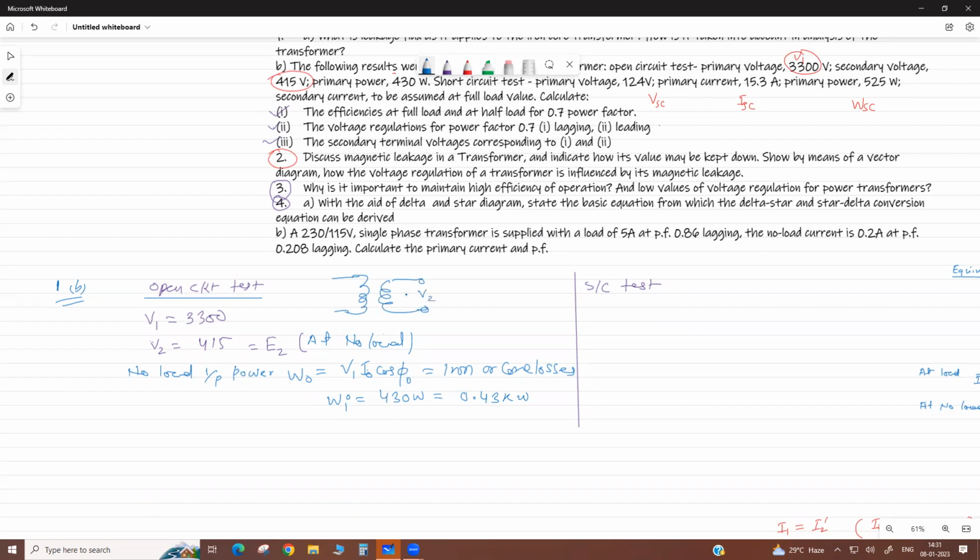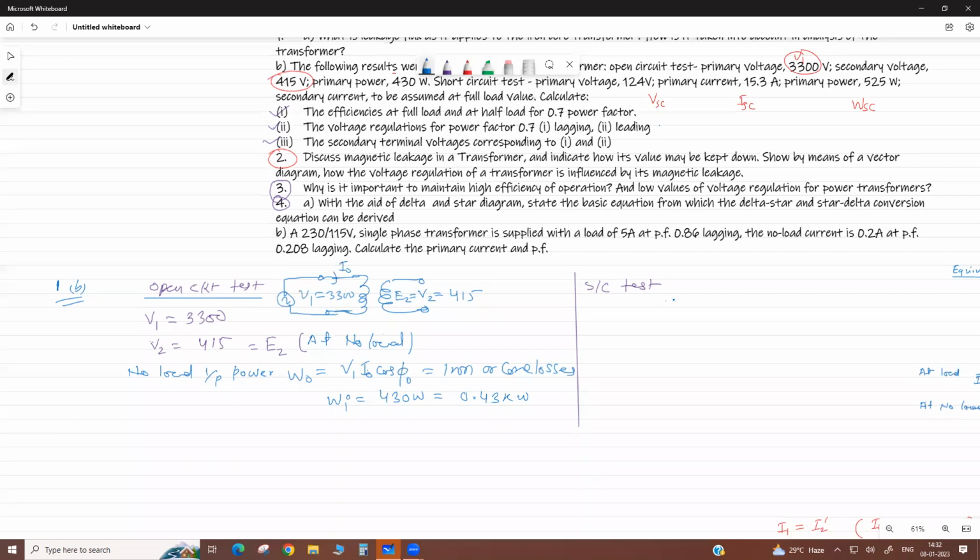Therefore, here V2 and here E2. This E2 equals V2 equals 415. But here in primary, we give the V1 rated voltage, that is 3300 volt. And there is an I0, no load power input, okay? Because it is connected to your supply voltage, okay?